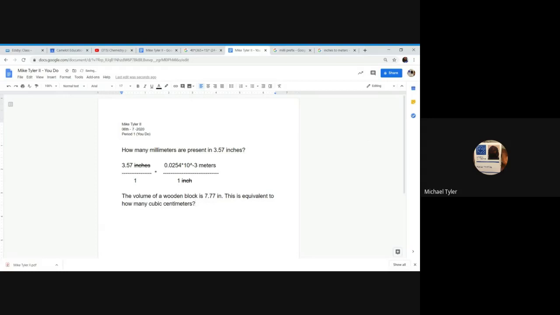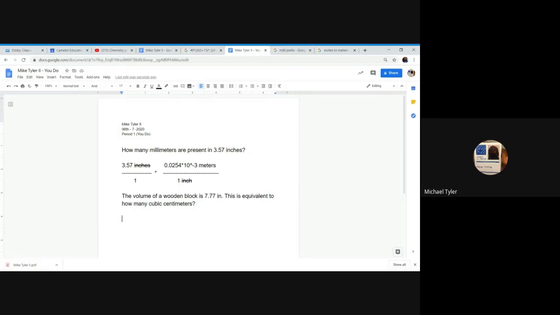So they're asking if you don't understand what is a cubic centimeter, right? This is going back to what we just did. Remember I showed you inches converts to meters somehow, and it's right above. So I'll start you off, and if you know, it's going to be a cubic centimeter when you multiply it all together, because this is a volume of a wooden block, so it's by 3.